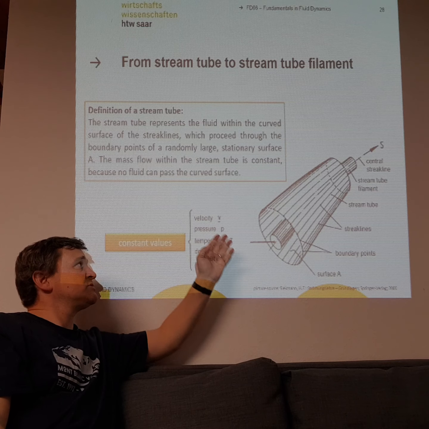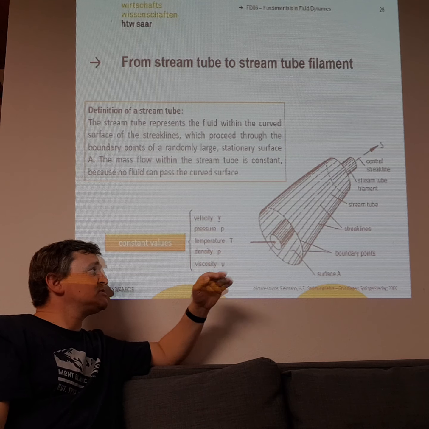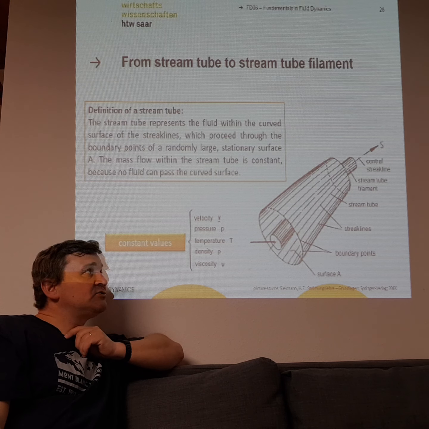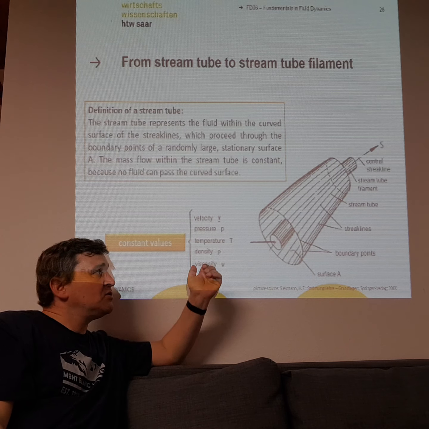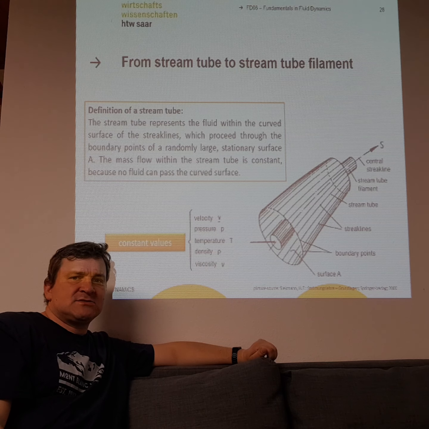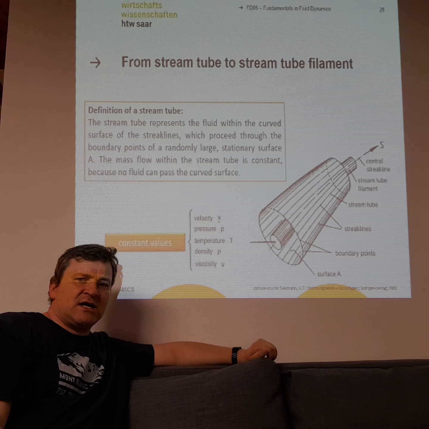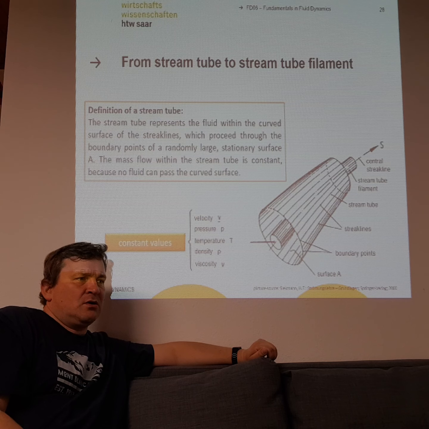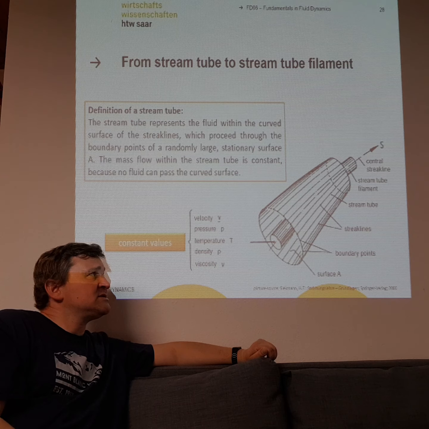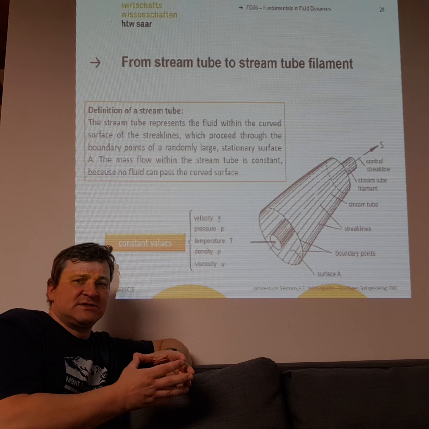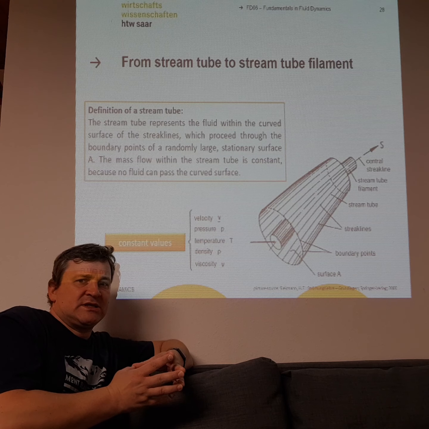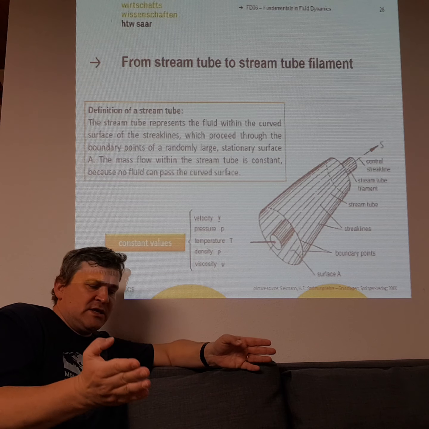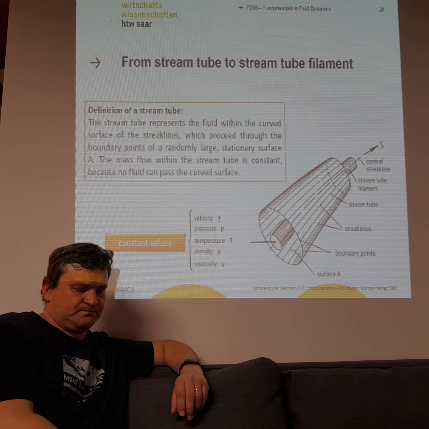You describe all the quantities, velocities, pressures, temperatures, densities and viscosities, but you can only describe it in one direction. And that's where we want to start with the Eulerian formulation. Mr. Euler took the flow filament theory and formulated it in a more general way. He formulated the fluid flow in different directions.